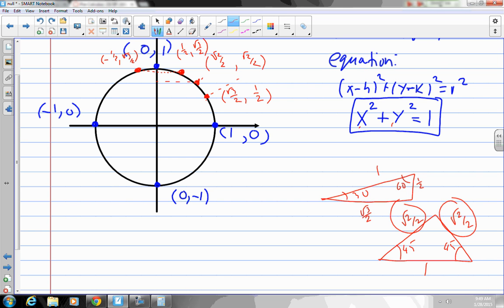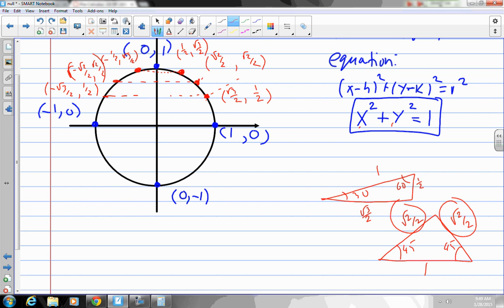Same thing here. X became negative root 2 over 2, and then root 2 over 2, right? And then the same point here. That gave me a negative root 3 over 2 and 1/2. So the x became negative, y stayed the same.